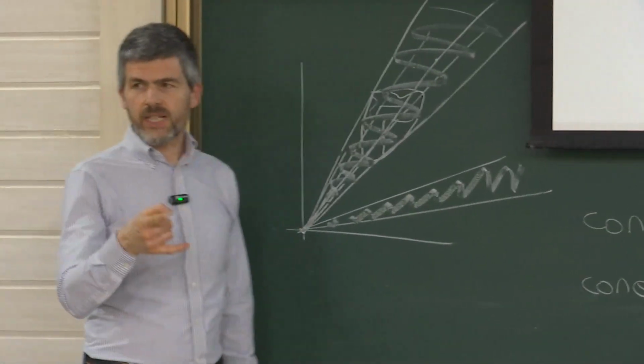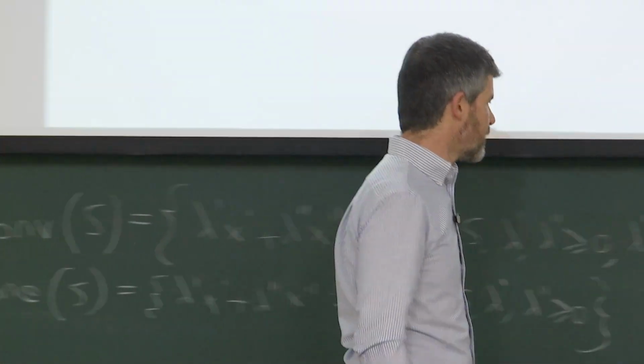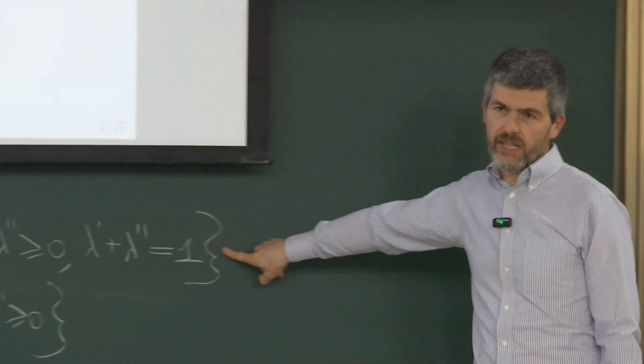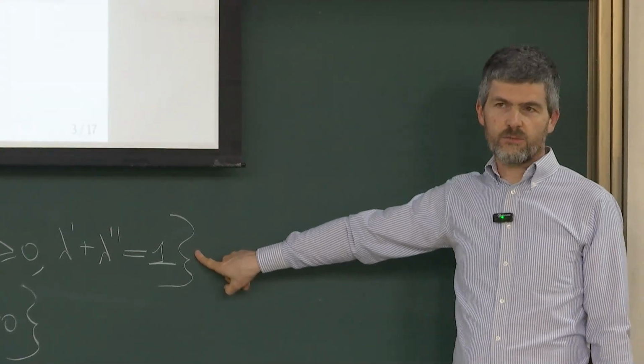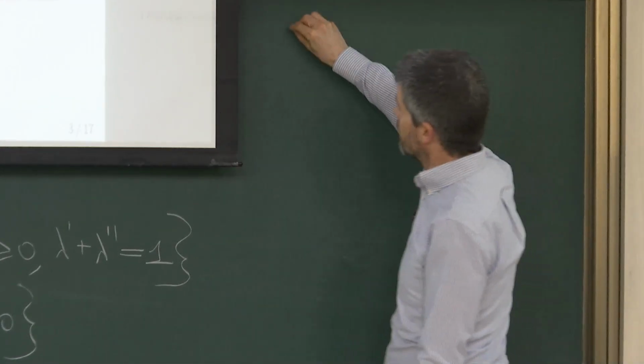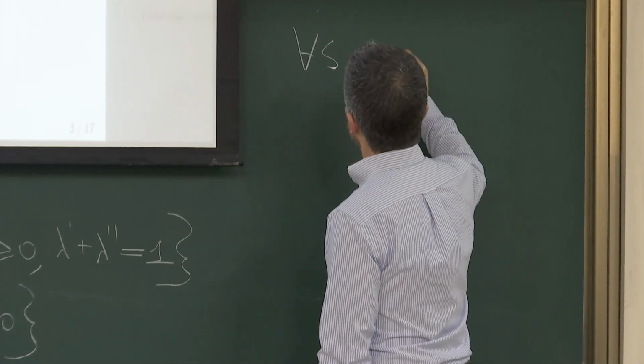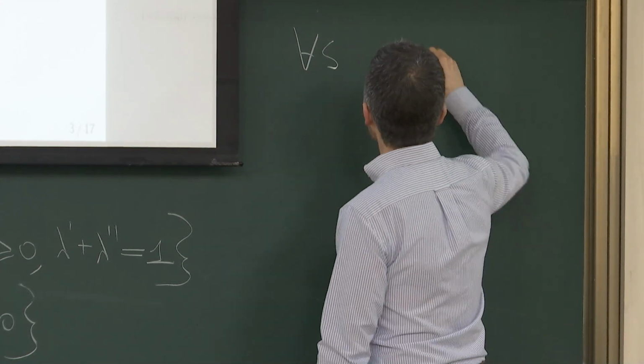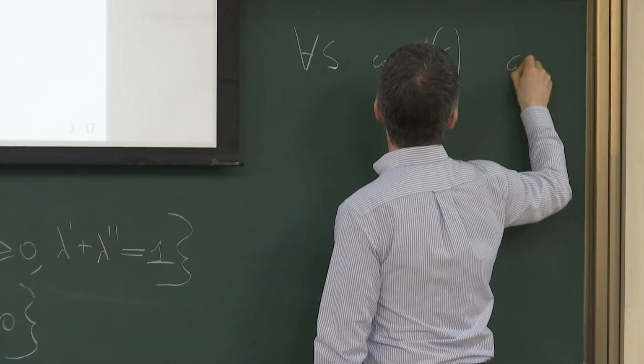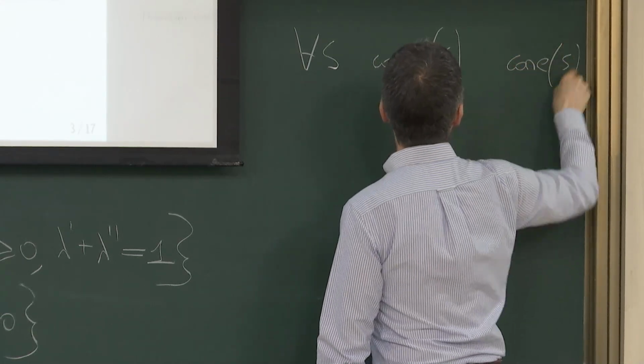So because lambda prime and lambda double prime have an extra constraint for the convex hull, what can we conclude? For any set, the convex hull of S is what with respect to the conic hull of S?